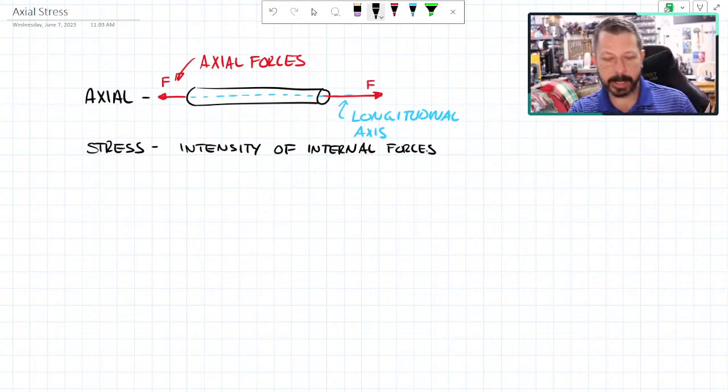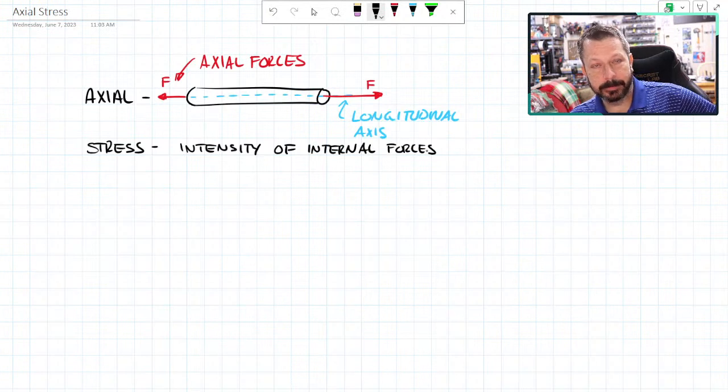So the F vector that I drew on the previous picture, those are external forces. They're applied to the little rod we drew. The internal forces are what's happening inside the rod as a result of these external forces.